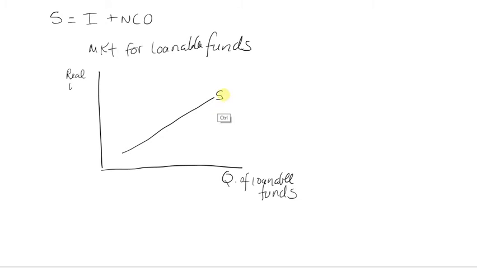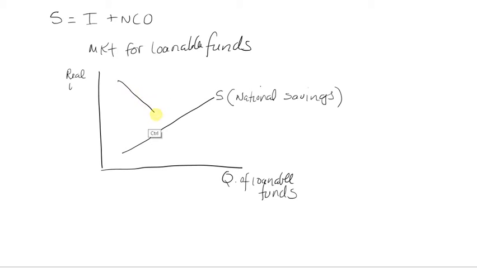So it comes from the S in the identity. Remembering that national savings is comprised of both public and private savings. So savings from households plus savings from government, okay?